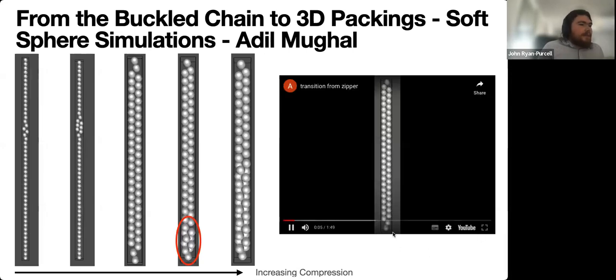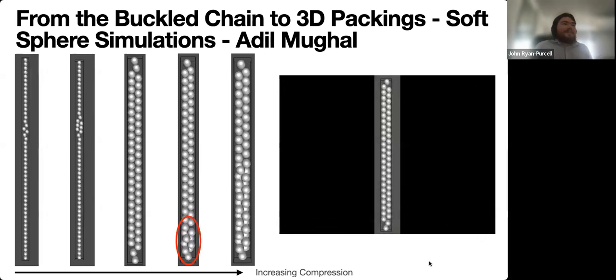I am not able to make it larger or full screen. I hope it is large enough for people. So then we see this zipper structure form as this structure is under compression. Eventually then we again see the development of this twisting of the zip at the lower end of the structure.